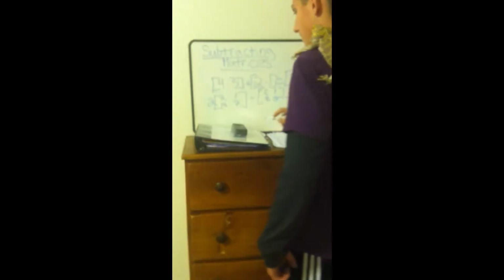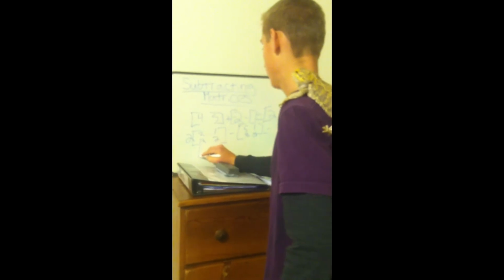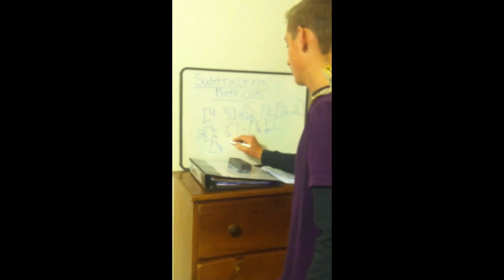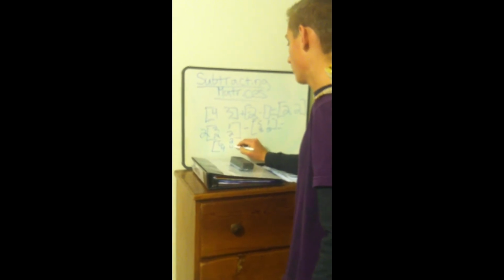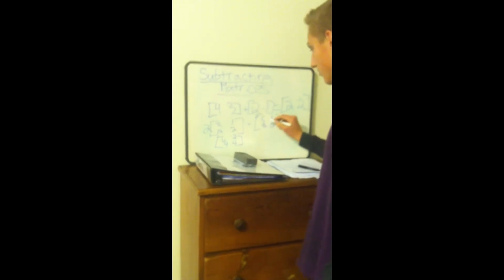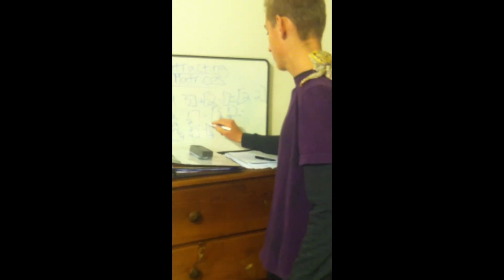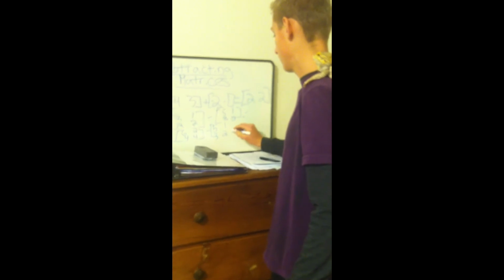The first step in this equation is to multiply everything in the matrix by 2. So you would get 6, 4, 2, and 4. And then you would subtract the original second matrix, 5, 3, 1, and 2.